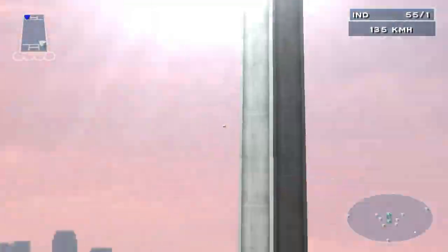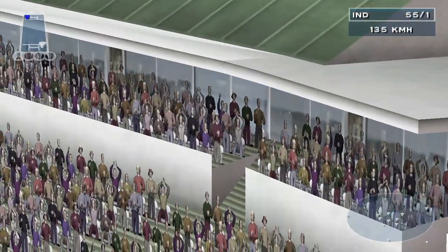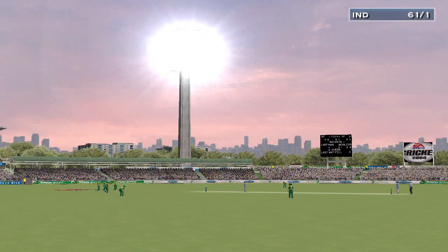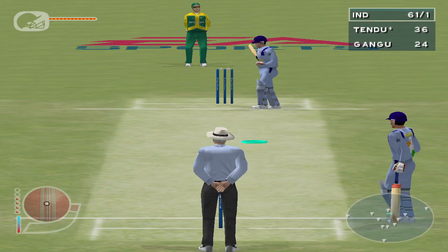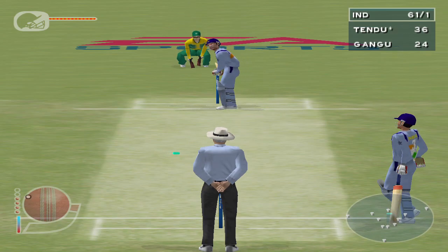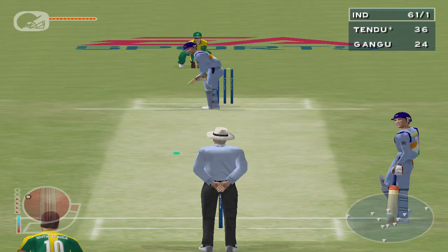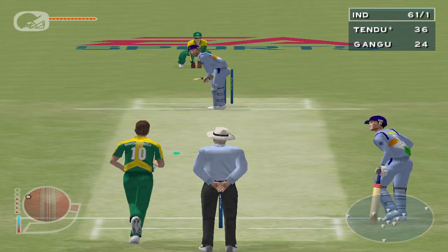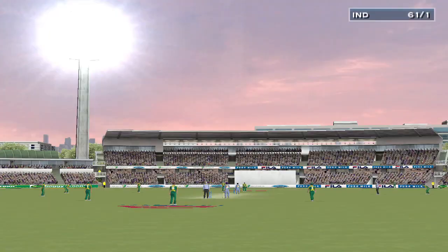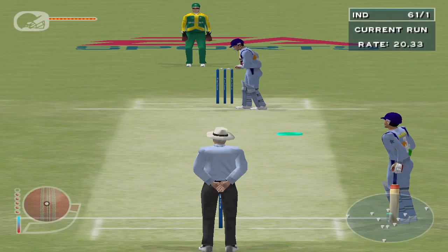Six. Tendulkar used his feet and smashed it for 6. The bowler doesn't look too happy about it. There might be a little bit more in the next one. Nel with the final ball of his spell.